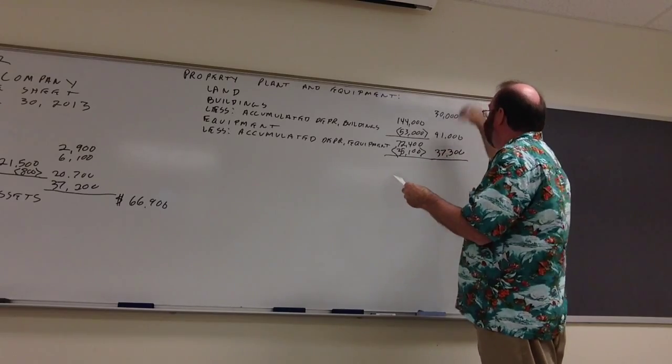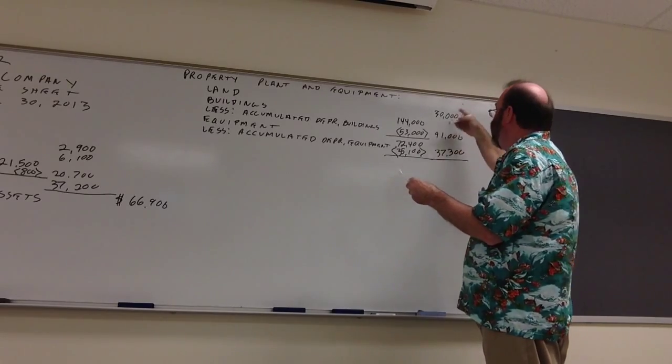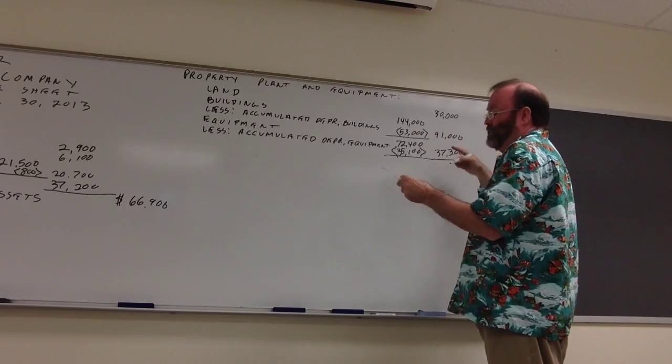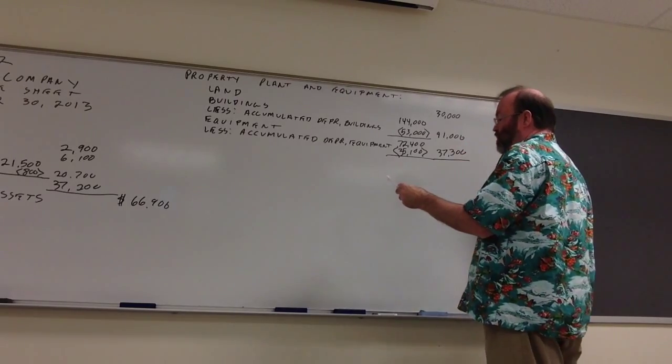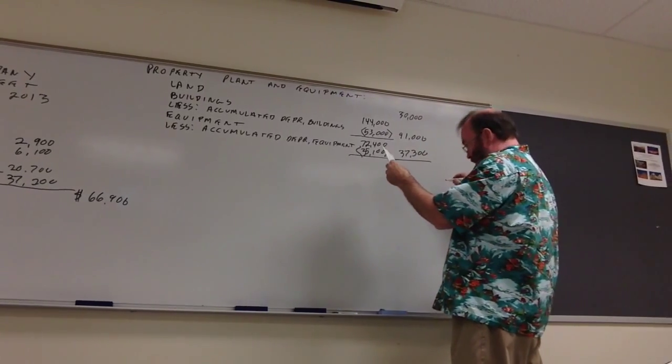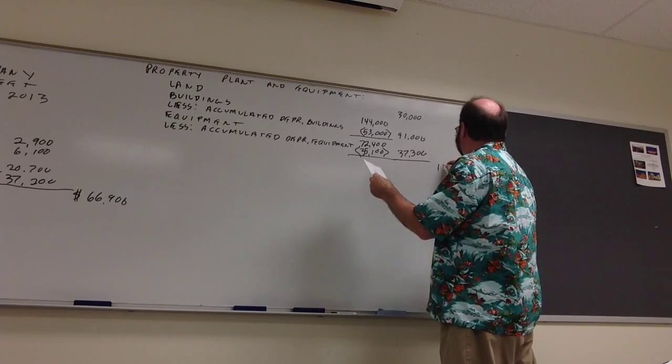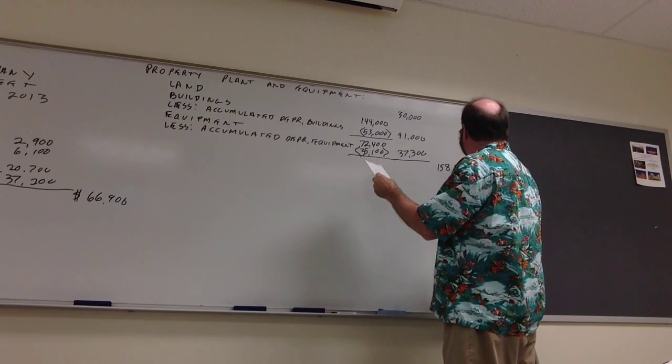Add all that together, the land, the net book value of buildings, and the equipment, and you get total property, plant, and equipment of $158,300.